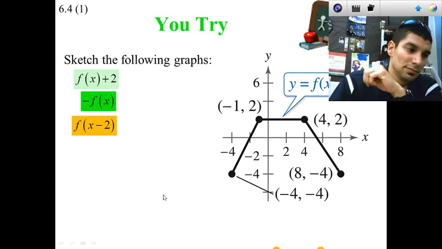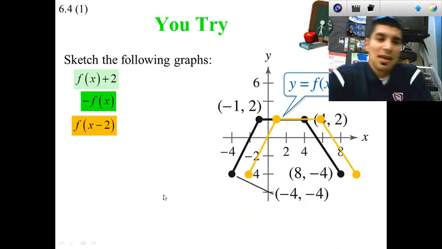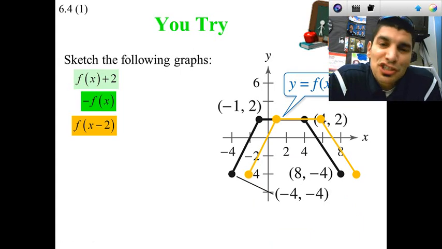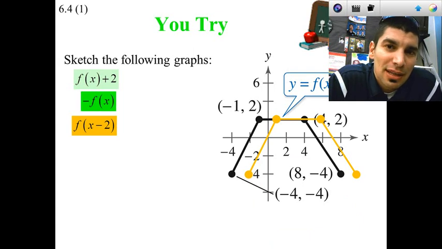The answer says it's going to shift to the right by 2. Why the right? Because it's the opposite of negative 2. The opposite. Just like parabolas. It's the opposite. It's happening before.